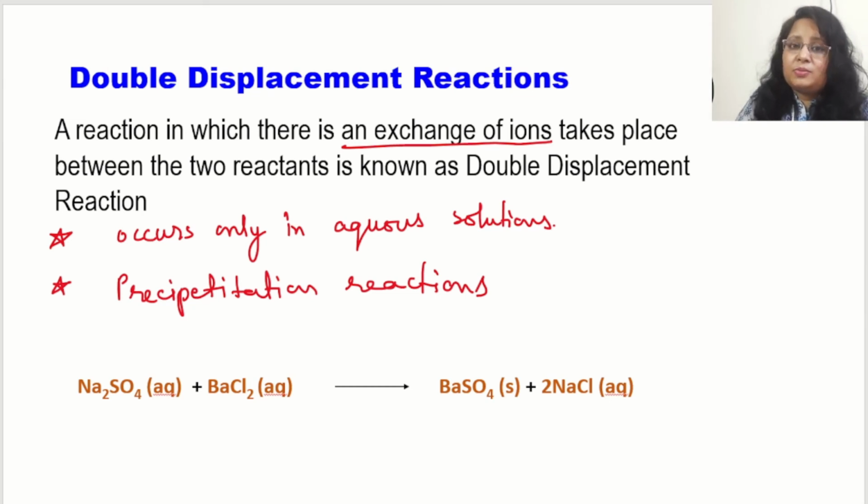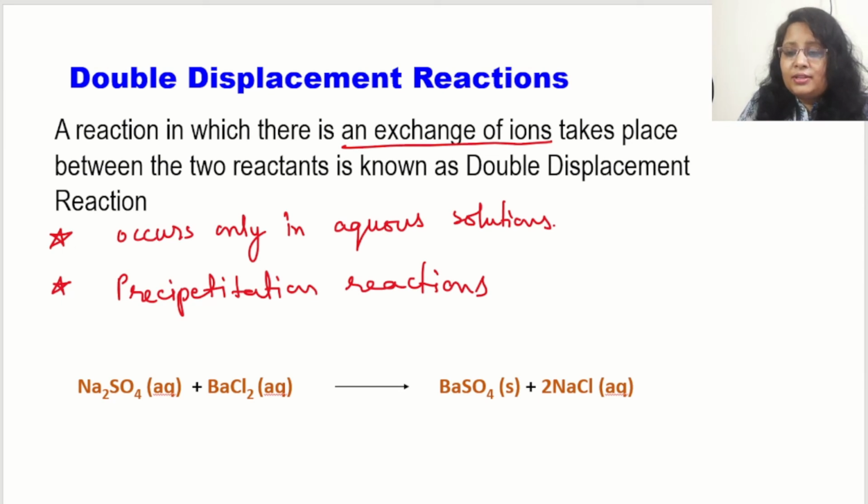Because when double displacement takes place, there is a formation of precipitate, that is something undissolved that settles down in the form of powder. Something which settles down is called a precipitate. And most of the time in double displacement, a precipitate is formed.